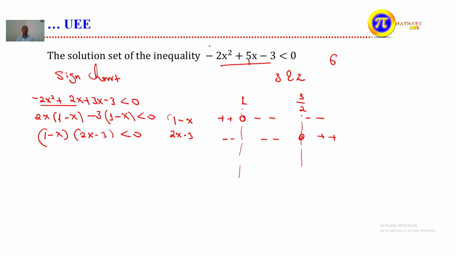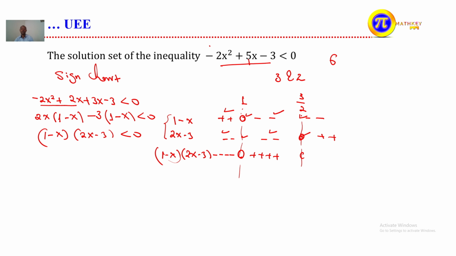Finally, take the product of these two, 1 minus x times 2x minus 3, which is our problem, negative 2x squared plus 5x minus 3. Positive times negative is negative. Negative times 0 is 0. Negative times negative is positive.